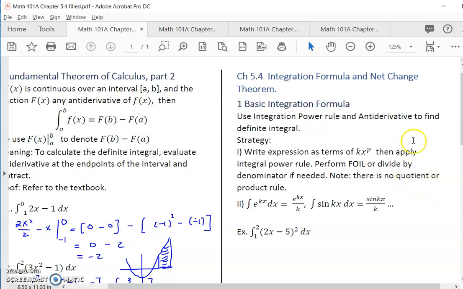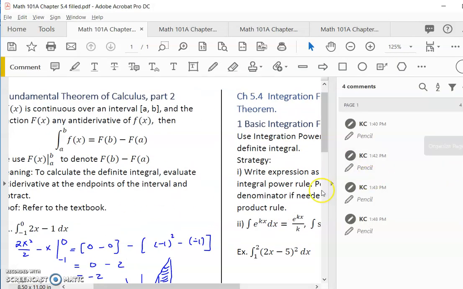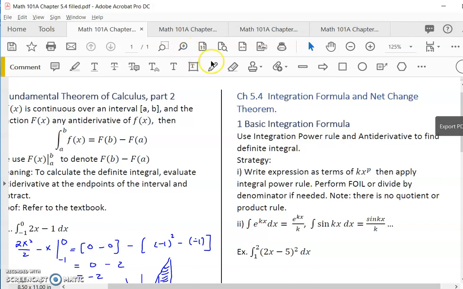So the first integration formula that I want to talk about is actually nothing new. If you are doing an integration, either definite or indefinite, and the integrand has terms of x to the p, then you can just use the power rule, right?